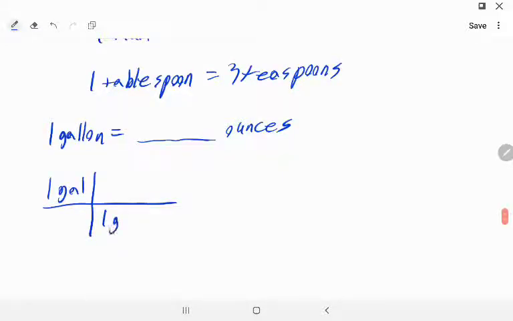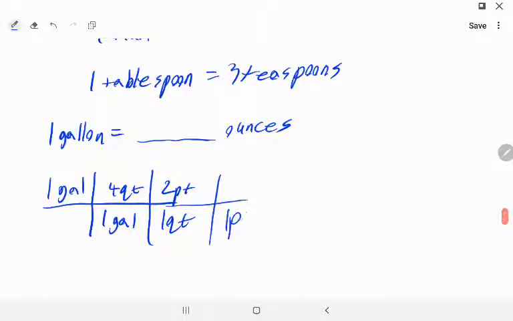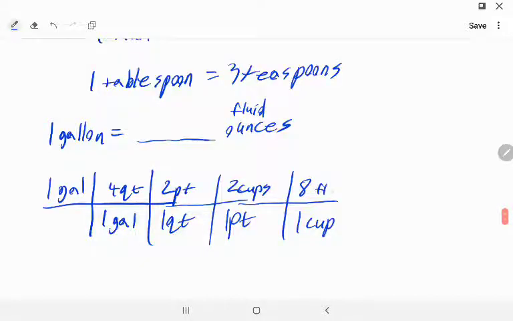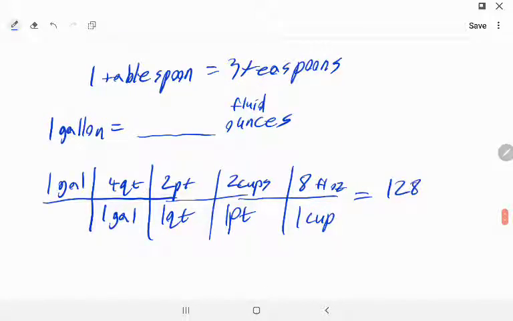Then we have to know that 1 gallon is 4 quarts, 1 quart is 2 pints, 1 pint is 2 cups, and 1 cup is 8 fluid ounces. And so we finally find that we get 1 times 4, times 2 is 8, times 2 is 16, times 8 gives us 128 fluid ounces.